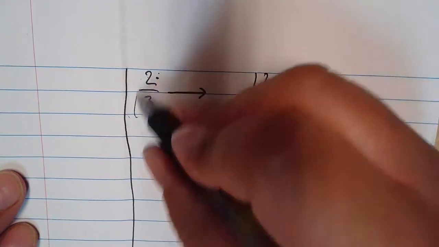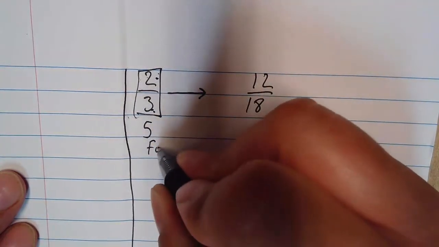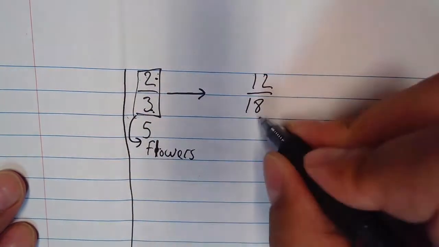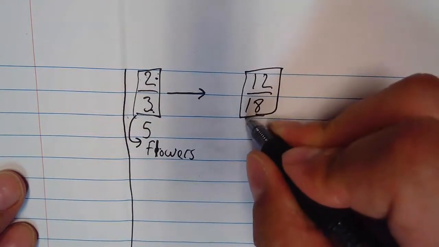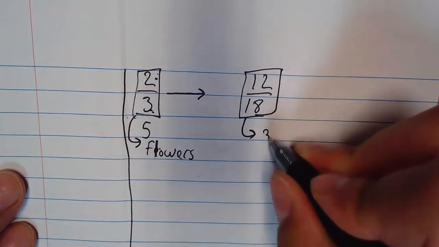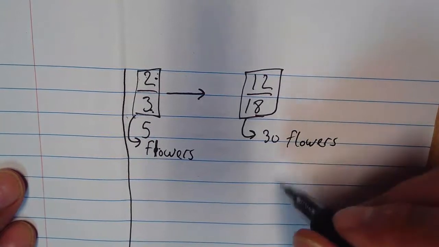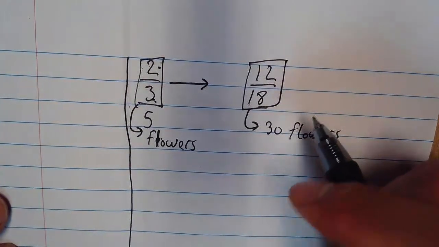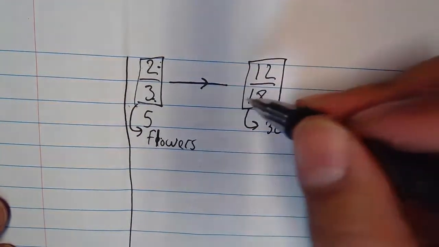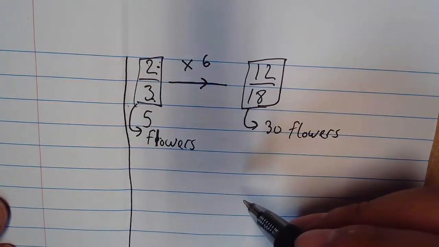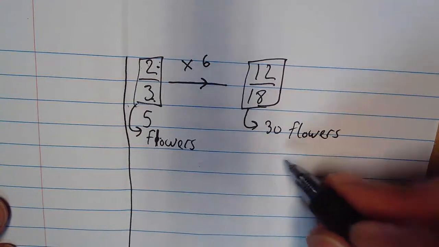That's a total of 5 flowers. Now I'm just playing with the numbers here. I want you to see what's going on. That gives me 5 flowers. This is 30 flowers. So, what happened? I multiplied by 6, right, to get to 30.